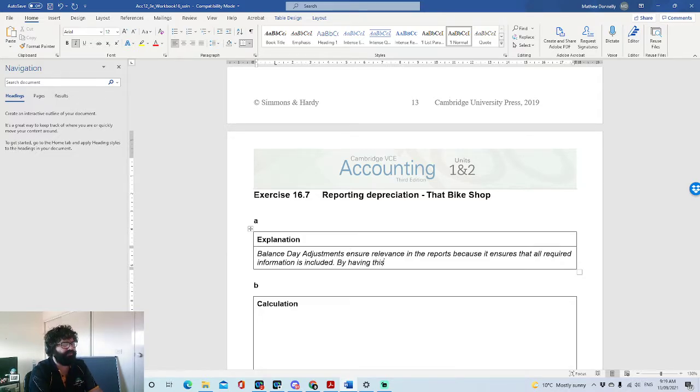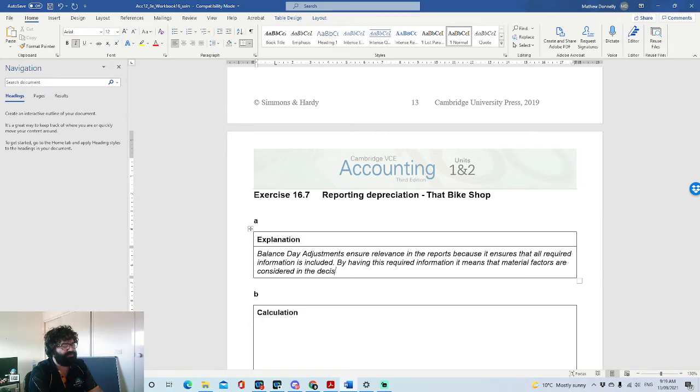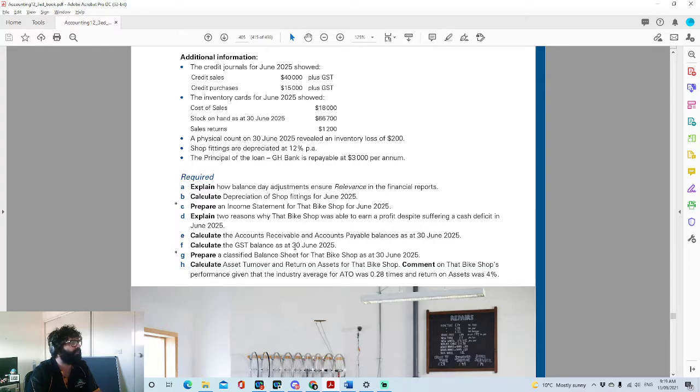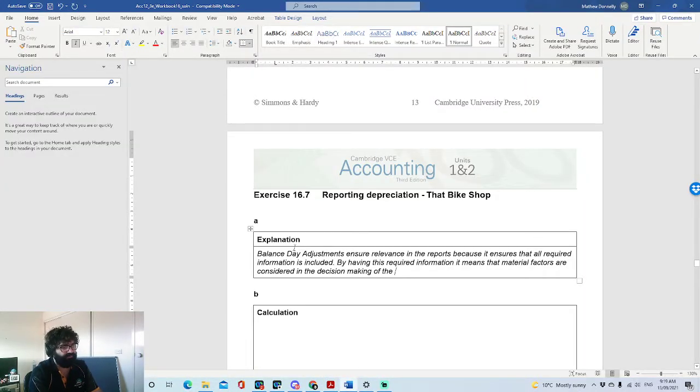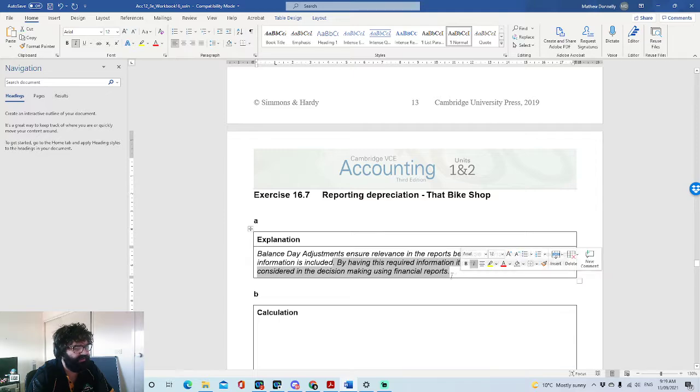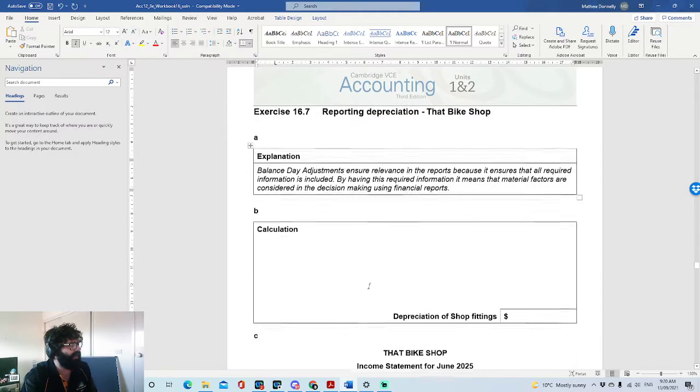By having this required information, it means that material factors are considered in the decision making of the business. I realize it says financial reports. So you're saying how balance day adjustments ensure relevance, and you're saying what relevance is, so you've got to say what both are.